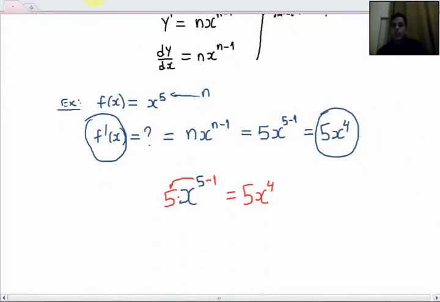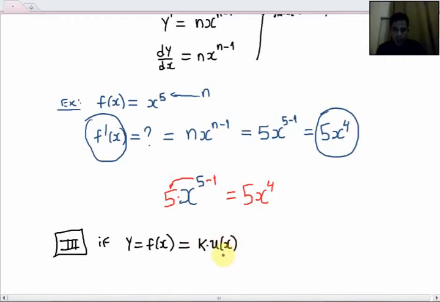And you can do combinations of the two, and that's what the next formula says. Formula 3 says that if your function is a constant k, here's another constant, times another function, I call it u. Let me write this down for you.